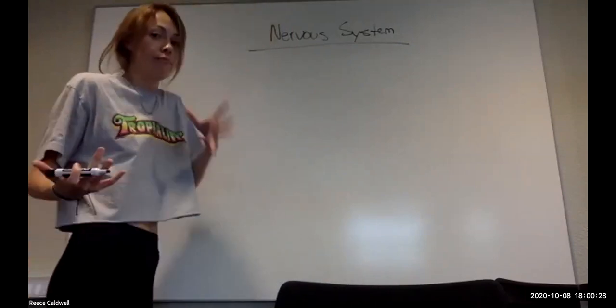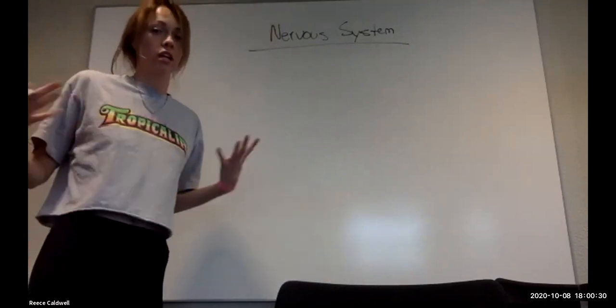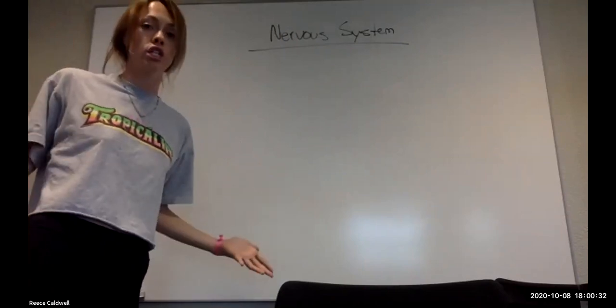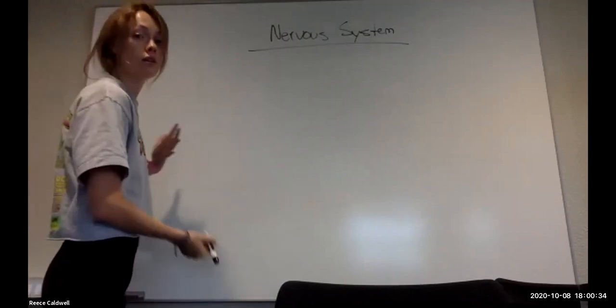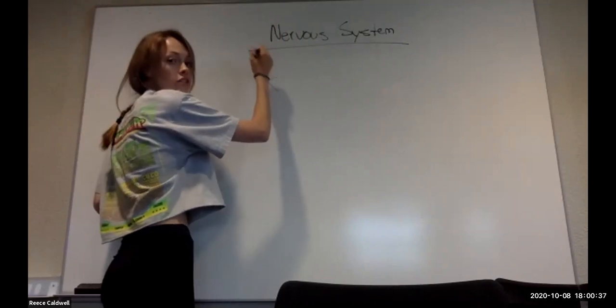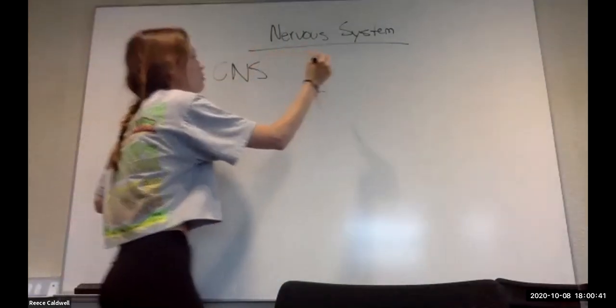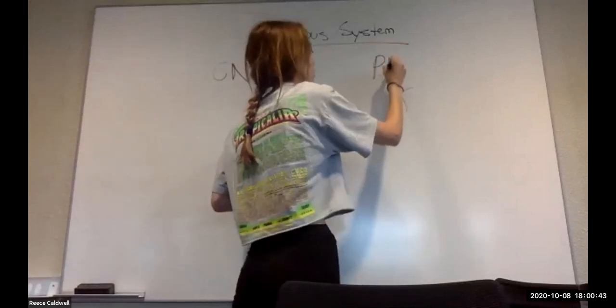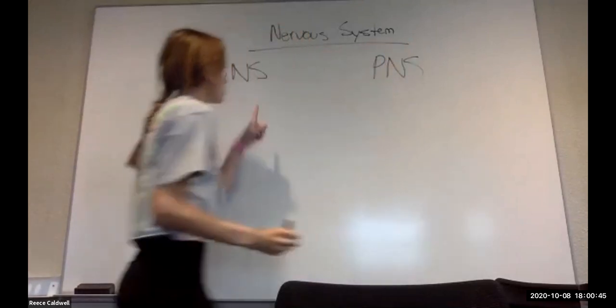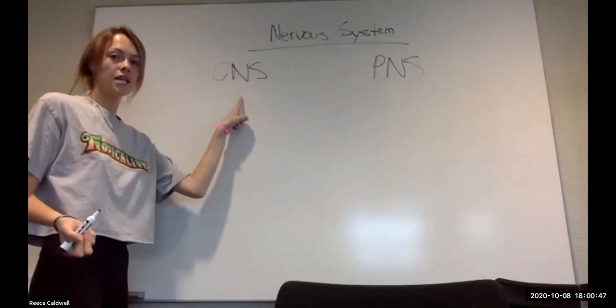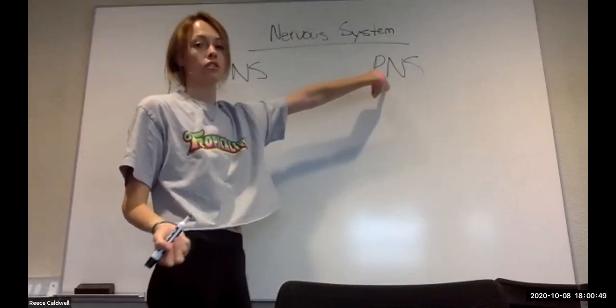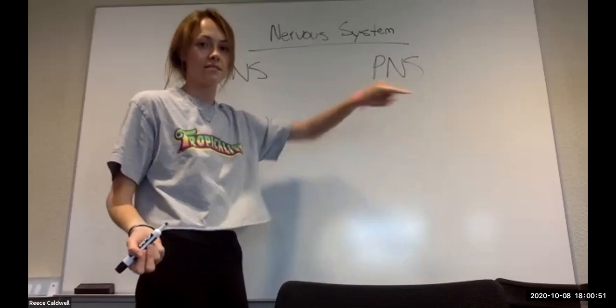So we need to make it into divisions to be able to classify the individual functions and characteristics of that. To do that, we first divide the central nervous system from the peripheral nervous system. So the central nervous system, the CNS, versus the peripheral nervous system, the PNS.